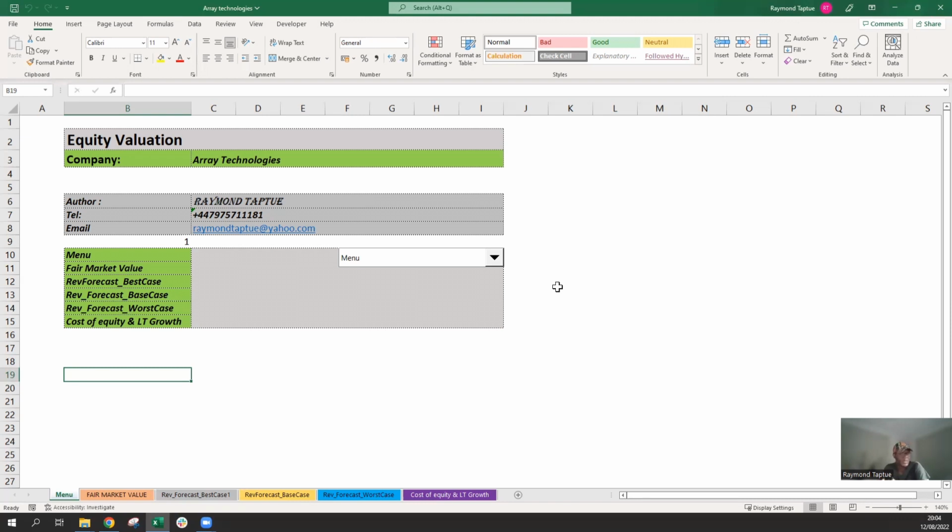For the residual value model, key variables are the book value per share, which needs to be forecasted, the net income of the company, i.e. the income statement, which needs to be forecasted, and the cost of equity. We will start with the income statement and the book value per share under the best case scenario.